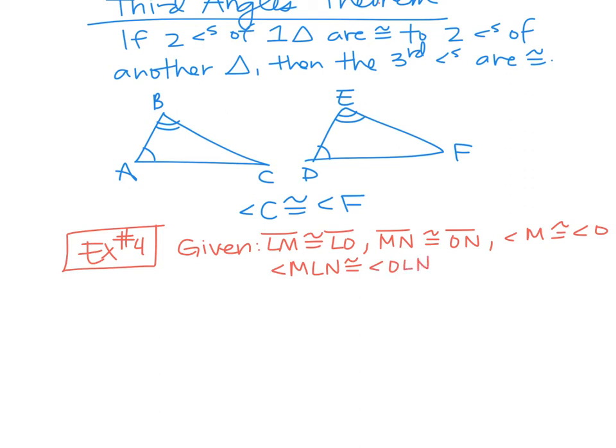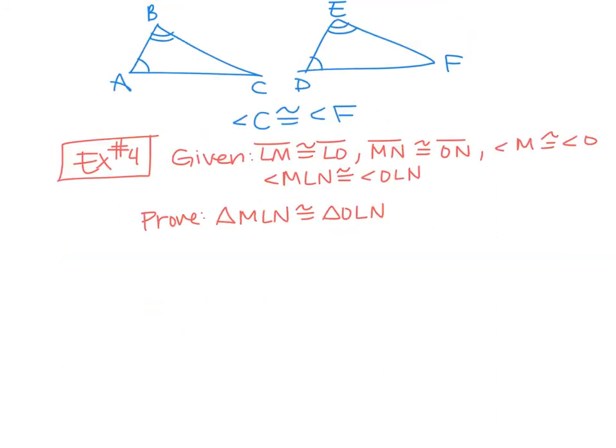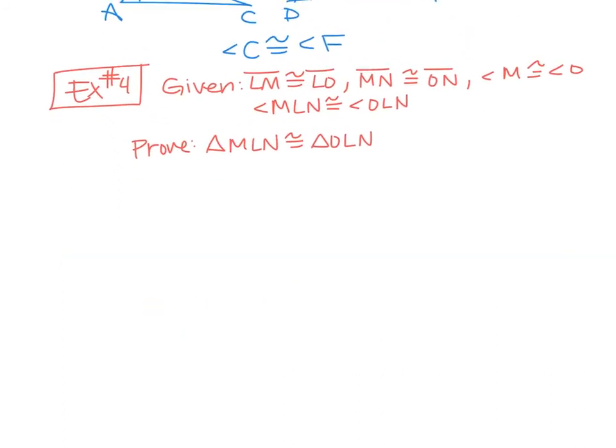They want you to prove triangle MLN congruent to triangle OLN. Okay, and here's your pictures, and then I'll give you a little time to catch up. So I promise I'll slow down, but you can at least draw it all out.